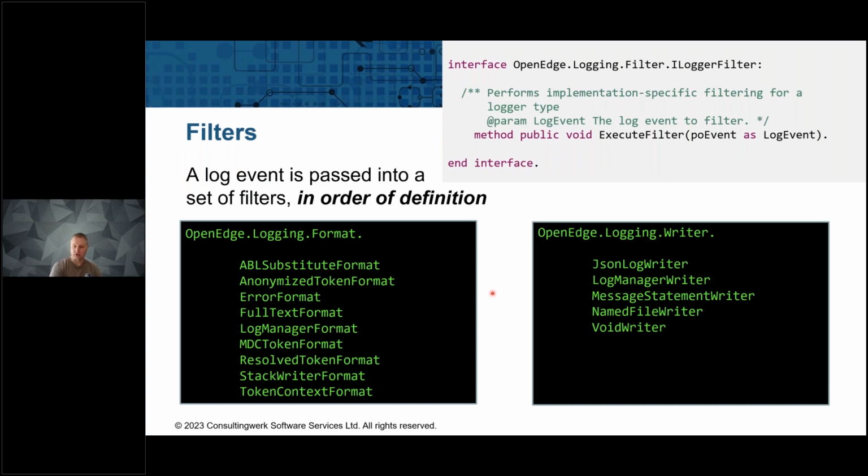There's a JSON log writer, if you want it to write to a JSON blob in a particular format. Message statement writer, if I remember right, just does a message statement. I think the point of that was to be able to write basically into a log manager log file. But there is a log manager writer for that.